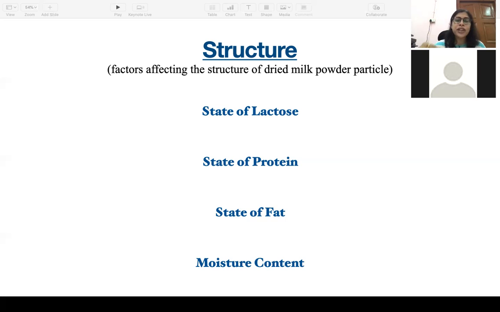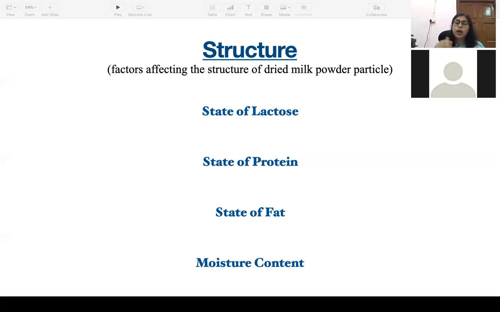You must have observed that whenever we mix dried milk powder in hot water, there is a thin layer of fat which forms over that milk. Have you observed that? Yes, ma'am. That is the free, de-emulsified fat, which is present inside the milk powder.